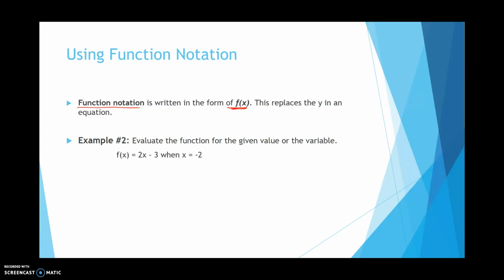Example number 2, evaluate the function for the given value of the variable. So here, notice it's f of x. We're used to seeing y equals 2x minus 3. But now with function notation, we're replacing that y with f of x. F of x represents the y. What you have here is 2x minus 3, and we're going to substitute. They're saying x equals negative 2. We're going to substitute negative 2 in for x.